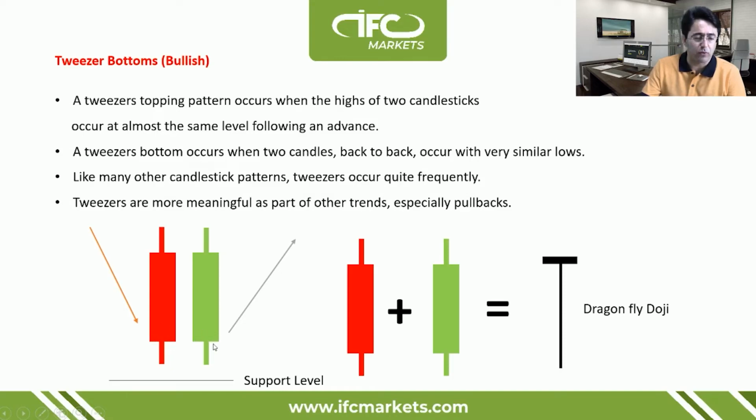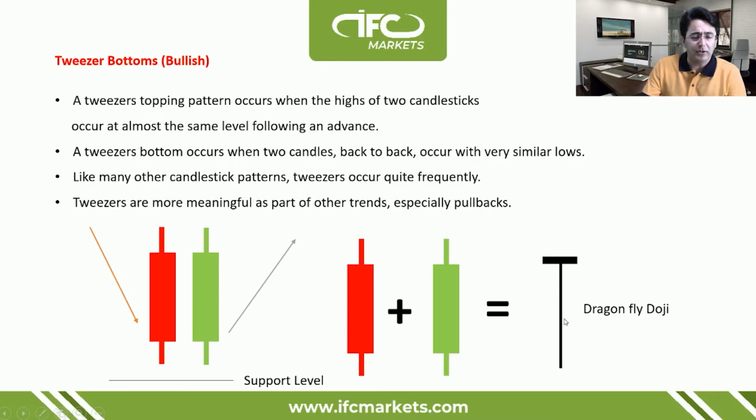The closing price of one and the opening price of the next are almost at the same level. You can see them so frequently in your chart. They are patterns that you can see many different times in your time frames. If you change your time frame, you can see them a lot.